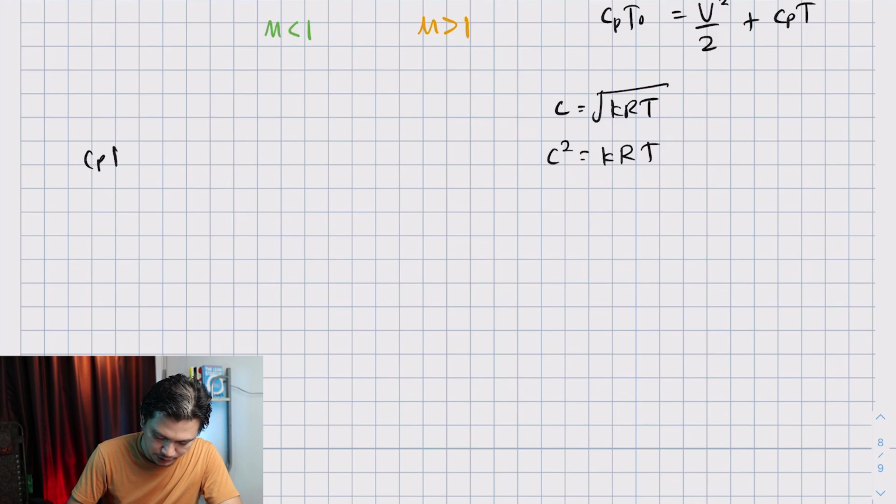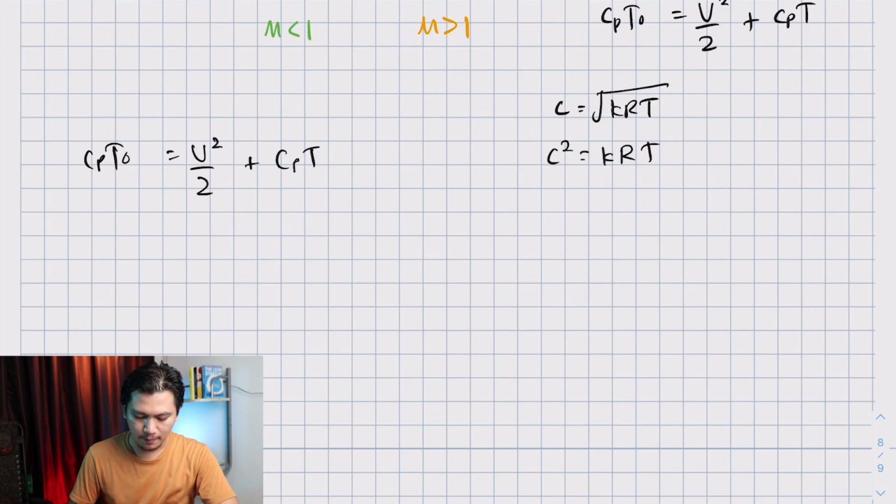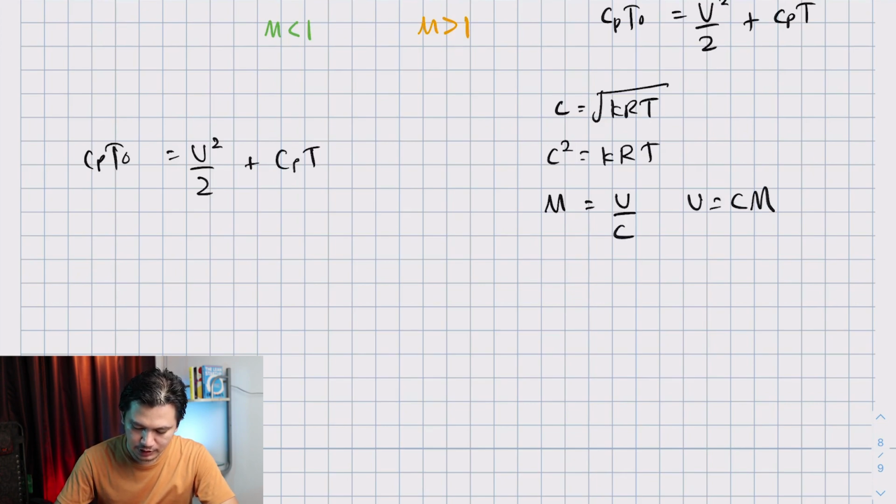So Cp T0 equal to V squared over 2 plus Cp T, right? And we know that M, which is Mach number, is the ratio between velocity and speed of sound. Okay, so V is C times M, right? And I'm going to replace it here.